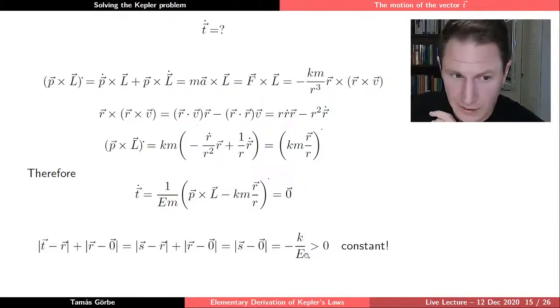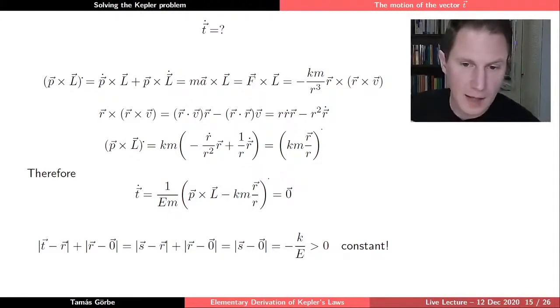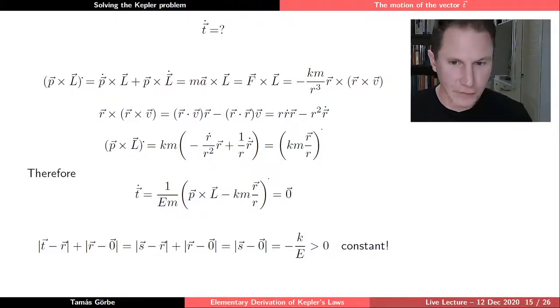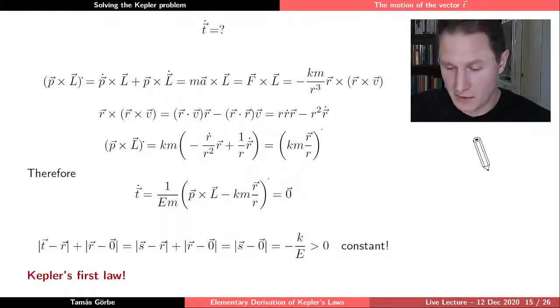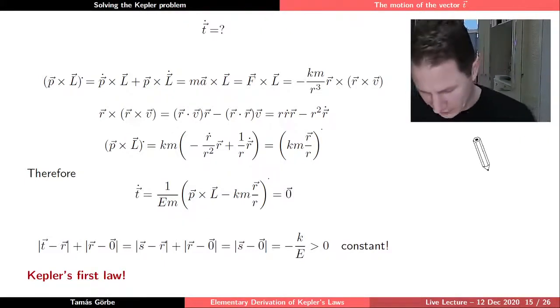We get a fixed number. And in fact, this is Kepler's first law. We have just obtained an ellipse finally.